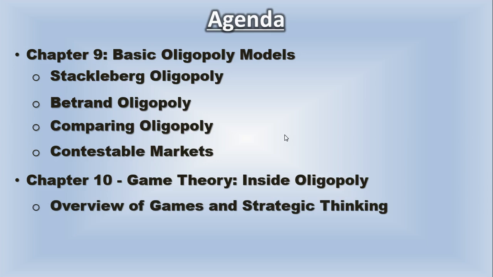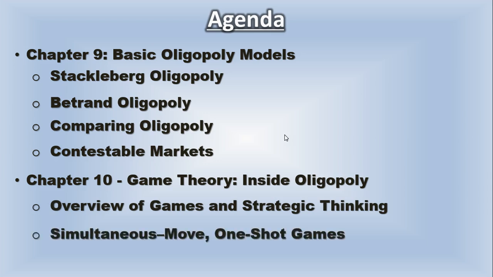So we'll just briefly do an overview of games and strategic thinking, and then we'll start covering what's called the simultaneous move one-shot games, in which firms make decisions at the same time and they only interact once. But then we'll look at other cases next week on Thursday when we meet again. Tuesday I'm not coming.